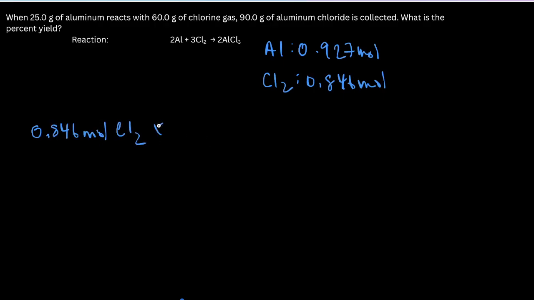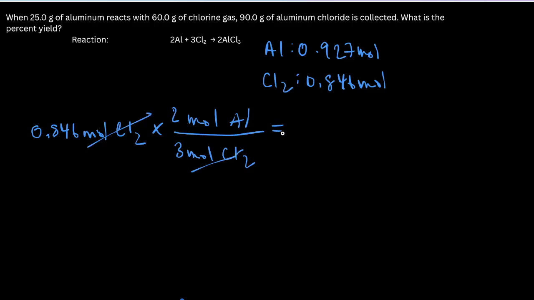That should be the easiest way, right? Our balanced chemical equation tells us that for every 3 moles of Cl2 we need 2 moles of Al. This tells us that we need 0.564 moles of aluminum.